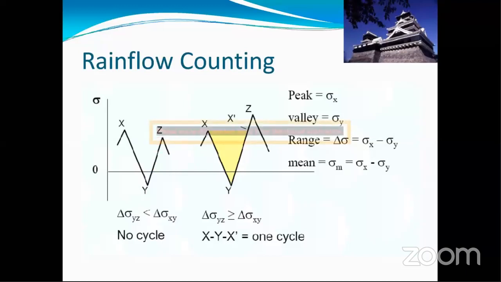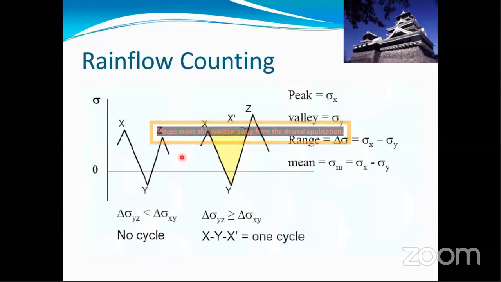When this is less than delta sigma xy, we should not consider it as a cycle. But in this example, you can see sigma yz is greater than sigma xy, so we have to consider this as a cycle: X, Y, X dash.